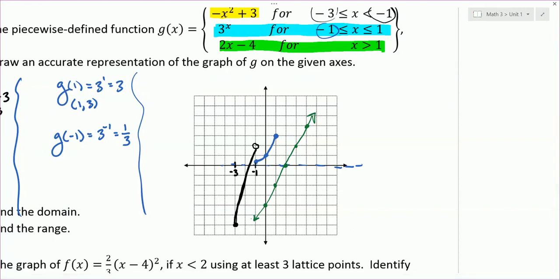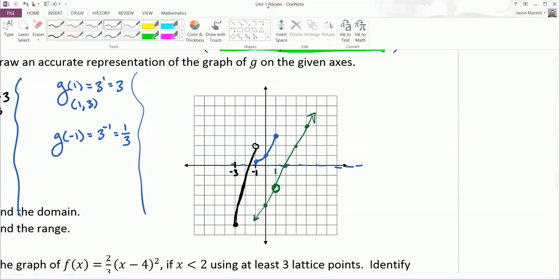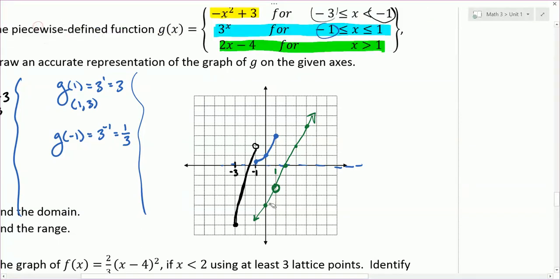We only want a piece of that line though, and only when x is greater than 1. So x is 1 right here, and it's not equal at that point, so we want an open circle there, and we only want to graph to the right of that point, so I'm going to have to erase what's to the left of that point.